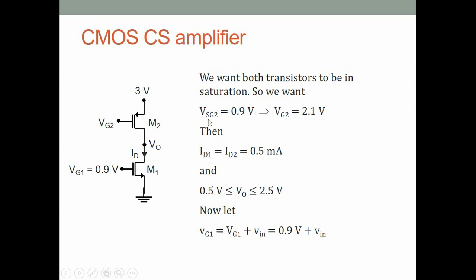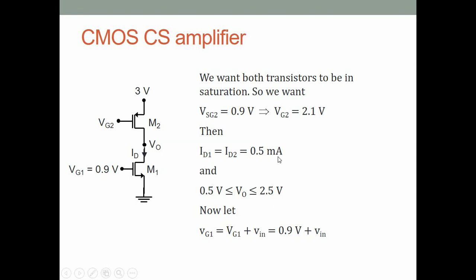The numbers we are using are such that mu n Cox W by L is the same as mu p Cox W by L, and therefore for these to carry the same saturation current, the source gate voltage of the PMOS must be the same as the gate source voltage of the NMOS. If this is 0.9, this also must be 0.9, and so we make VG2 equal to 2.1 volts. With these gate source voltages, the drain currents will be equal and they'll have a value of 0.5 milliamps.